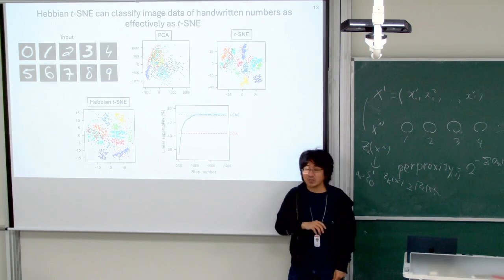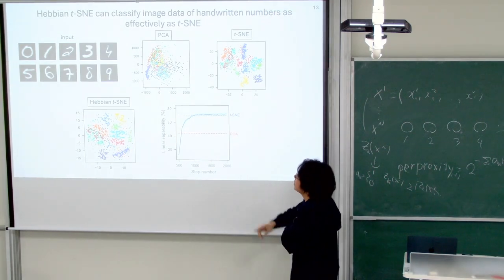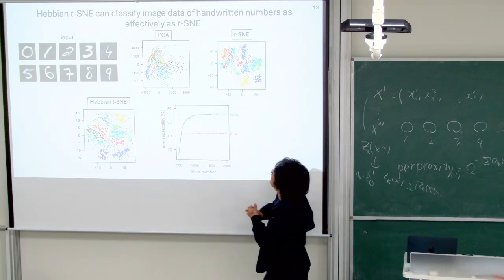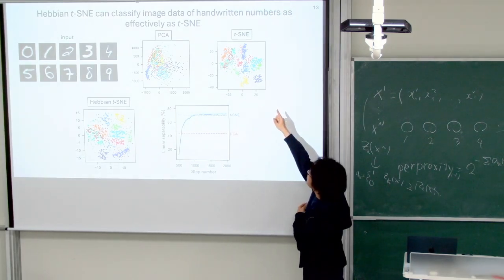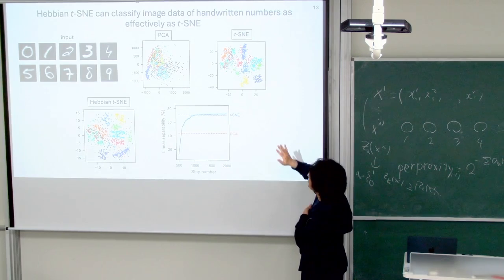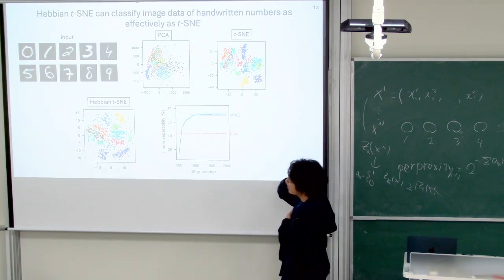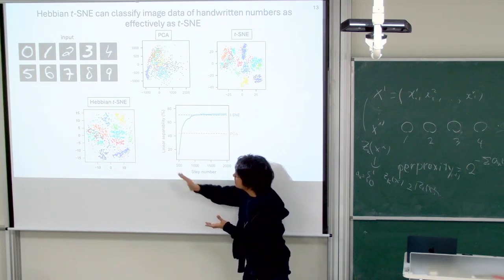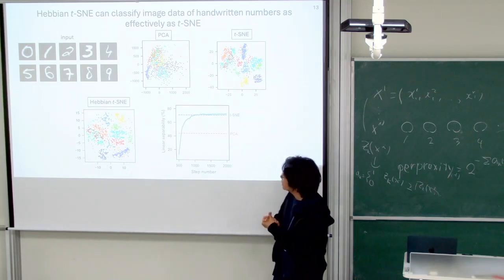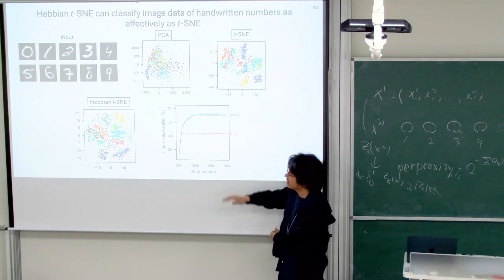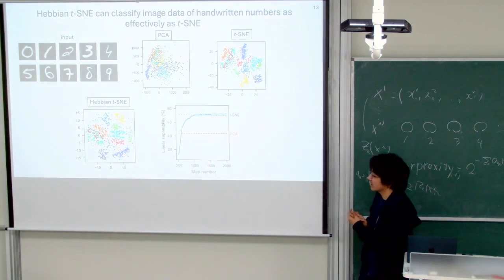And for more complex handwritten number data, PCA doesn't work. Conventional k-means works well, and this method and Hebbian are of similar form.